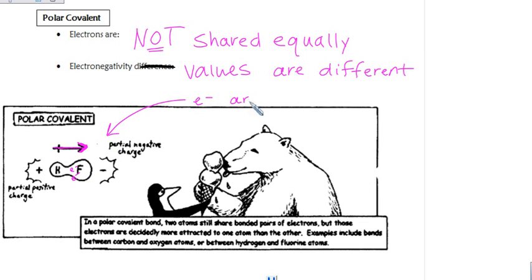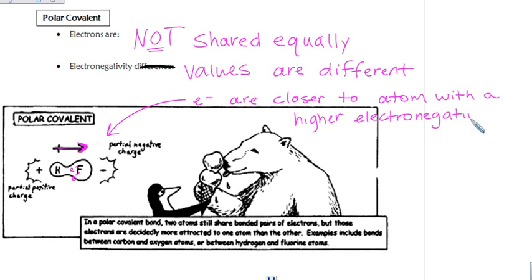Electrons are closer to the atom with a higher electronegativity.